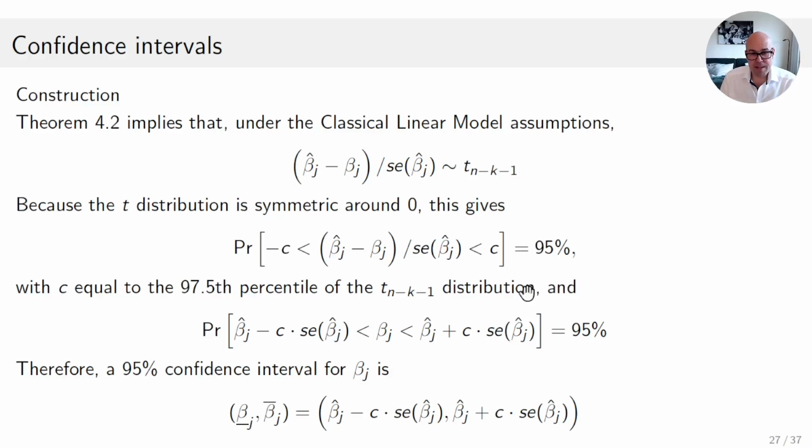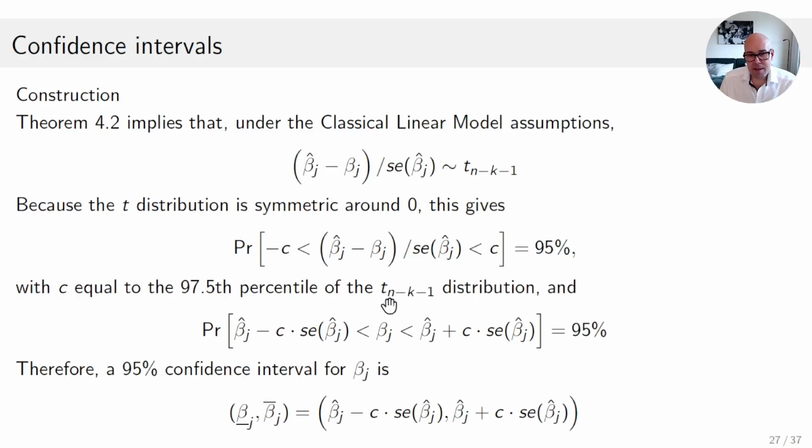What you can do is calculate beta hat minus beta j divided by the standard error of beta hat here, and then you have c and minus c, and the probability that this quantity falls between minus c and c should be equal to 95%. Okay.